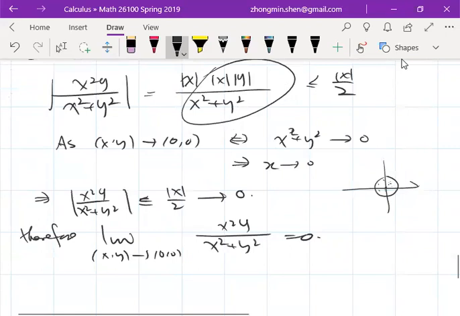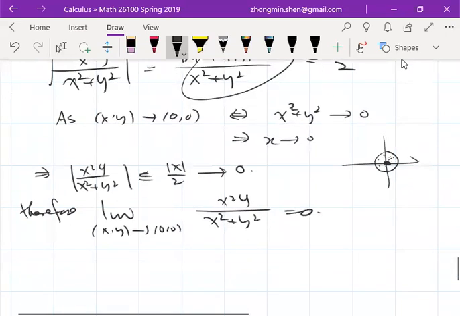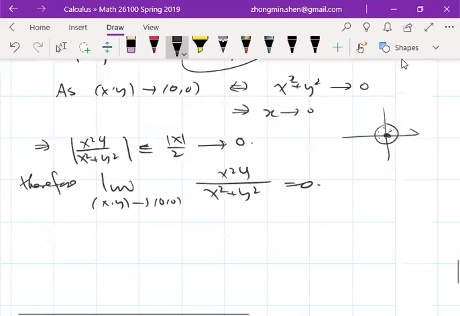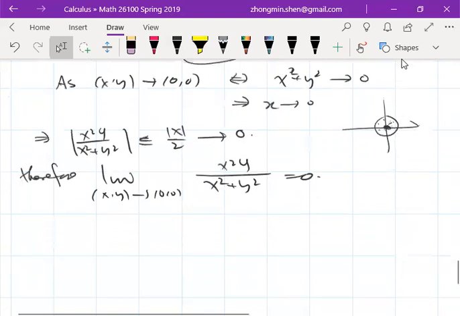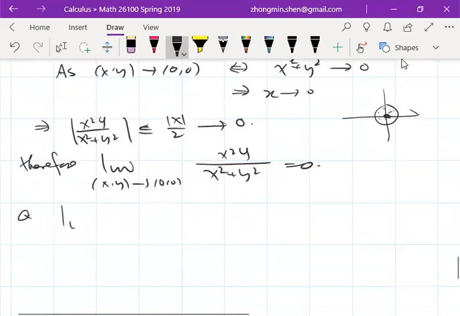When they're getting close to the origin, the x coordinate must be getting close to 0. The x coordinate is just a projection of the point onto the x-axis. So this is the argument.